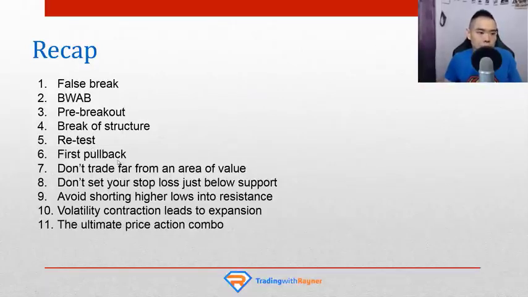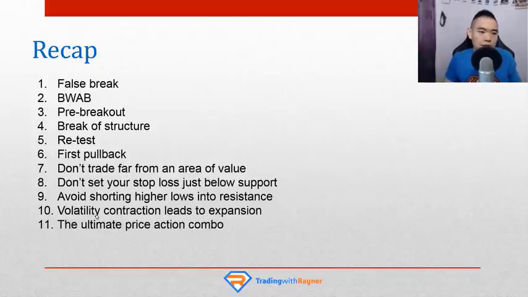Then we talk about the first pullback. What if the market doesn't retest the level or area you're looking at? You can look for the first pullback. Then next, moving on, we talk about when to stay out of the trade. You don't want to be trading when the price is far away from the area of value, because that's where it's about to snap back. So wait for the snapback to occur, then get on board the trade. Number 8, don't set your stop loss just below support, because it's prone to stop hunting. Number 9, you want to avoid shorting higher lows into resistance or buying when you have a series of lower highs into support, because these levels are likely to break.